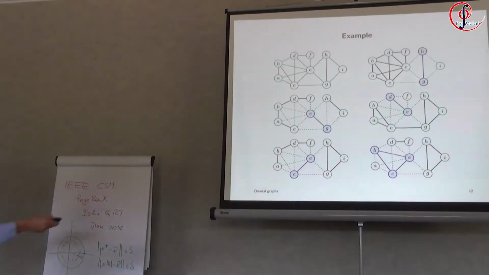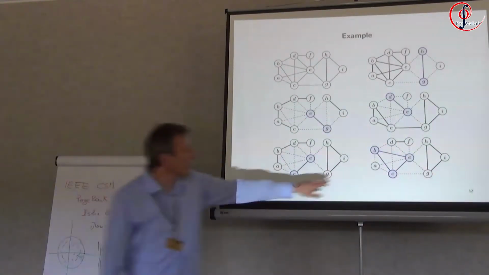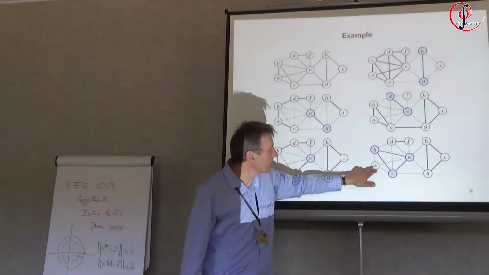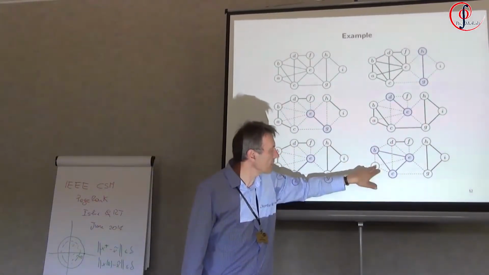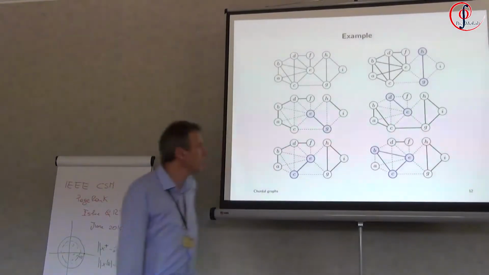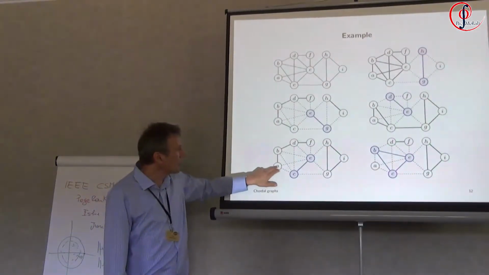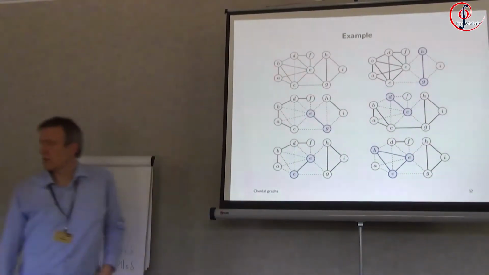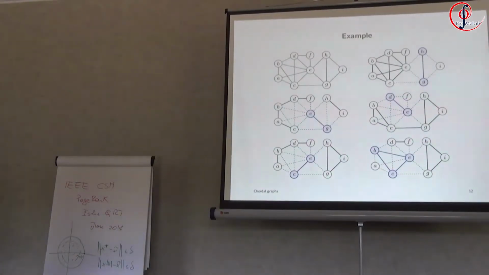So this is a minimal vertex separator, for example, for A and F. You cannot find a separator that's smaller, a subset of this, and still separates A and F. This is a separator for A and G. But you can see that they're all complete subgraphs, and that's this theorem. All minimal vertex separators are complete.